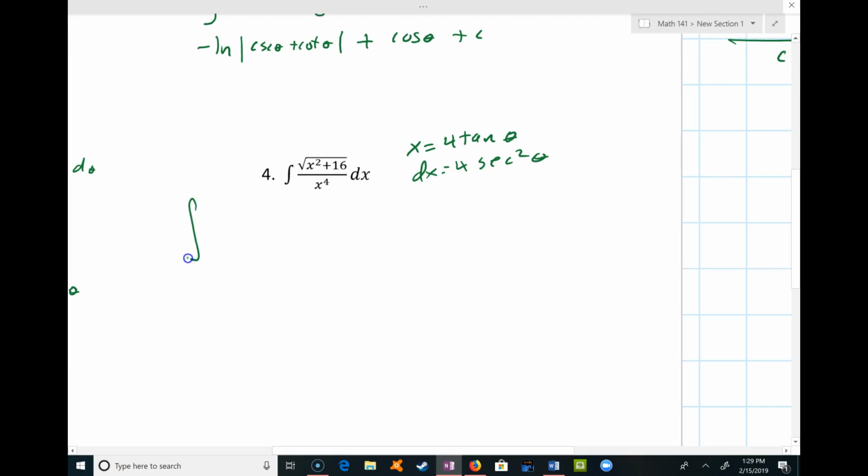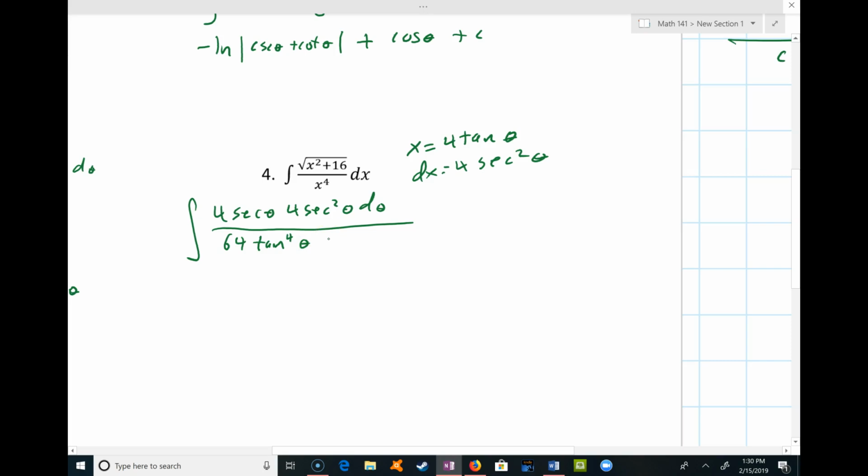And so my integral becomes, well, okay, again, when we put the tangent squared in there, we end up with 16 secant squared, and when we square root it, we get 4 secant theta, d theta, which is 4 secant squared theta d theta. And then on the bottom, we have x to the fourth, which would be, what, 64 tangent to the fourth theta.